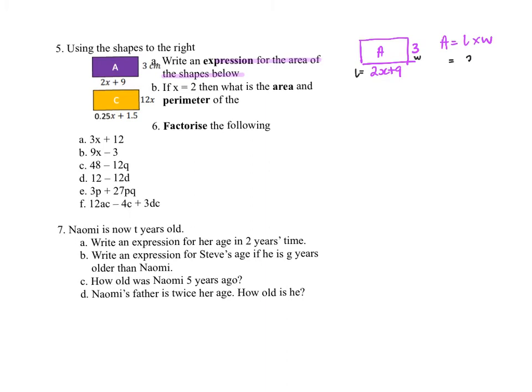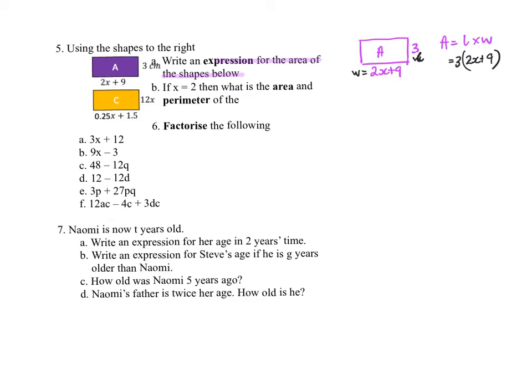So I have 2x plus 9, and I actually might change this around. Doesn't matter which one you call which. I'll call this the length and this the width. So we can put the 3 at the front. So 3 times 2x plus 9.